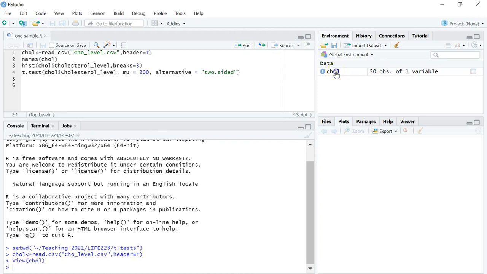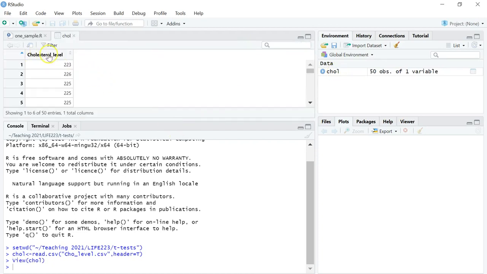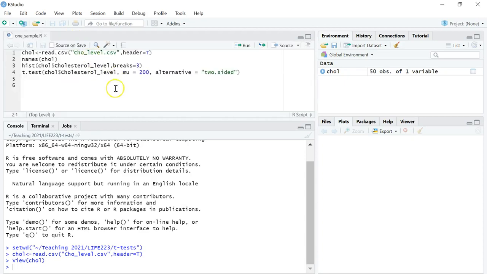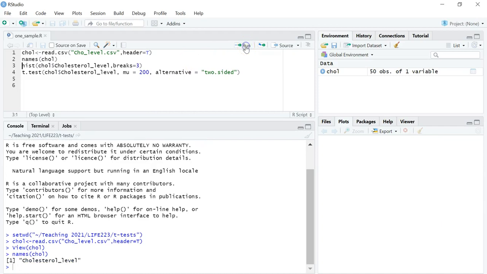Let's just have a quick look at what this is. This is the cholesterol level of 50 patients. What we want to do is compare the mean of this and see if it is different or not to that level of 200, which is deemed to be a good level of cholesterol in the blood. Let's just have a look at what those column headers are. The cholesterol level, so now we know what we need to put in.